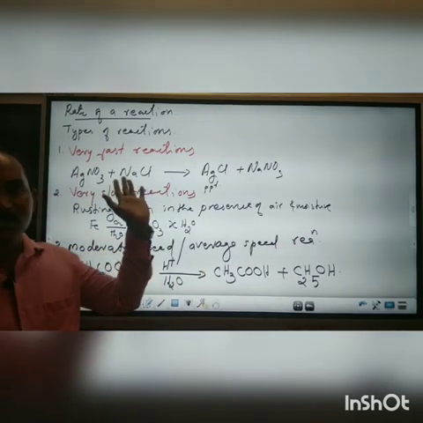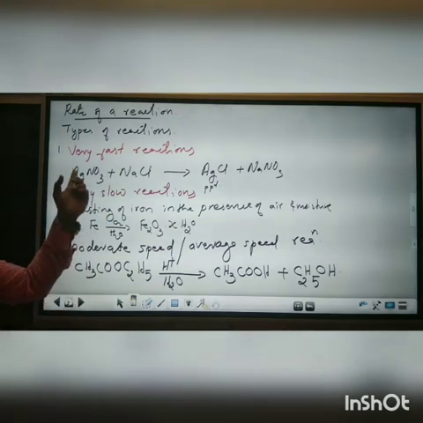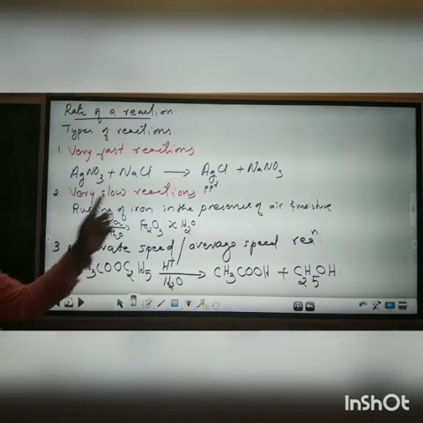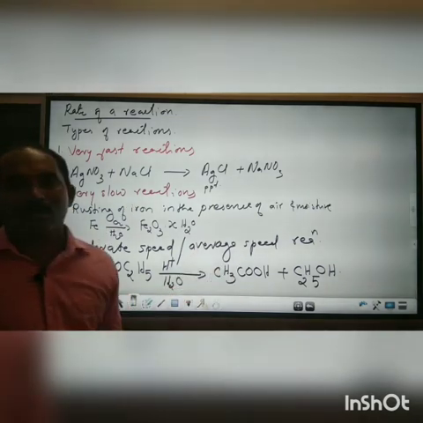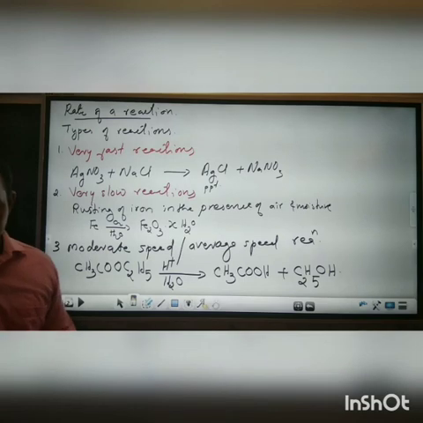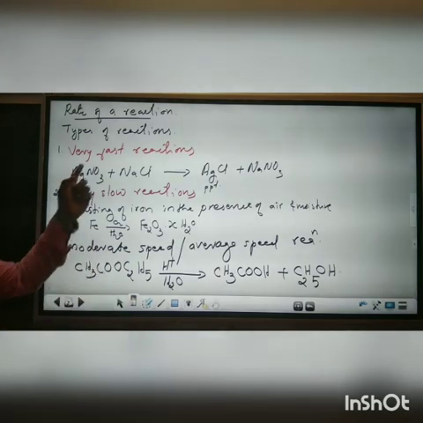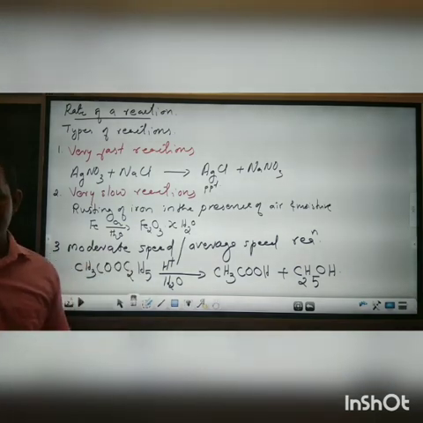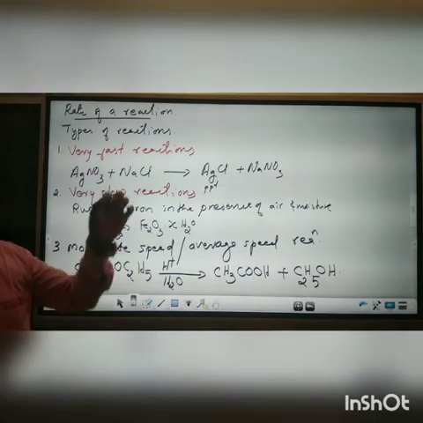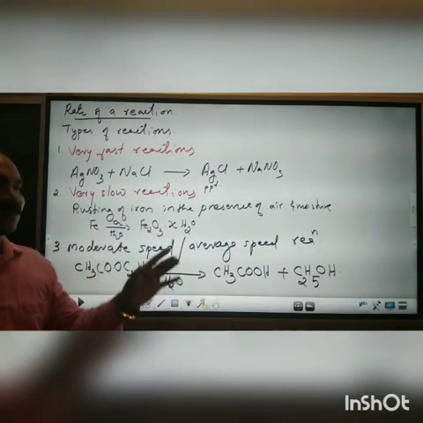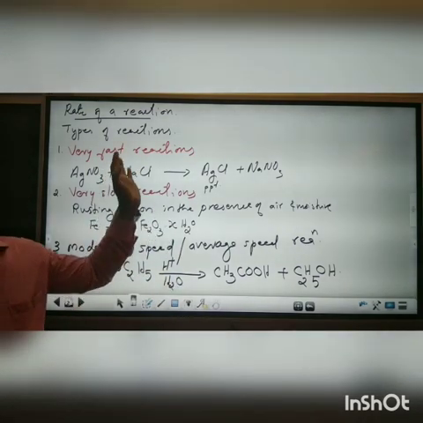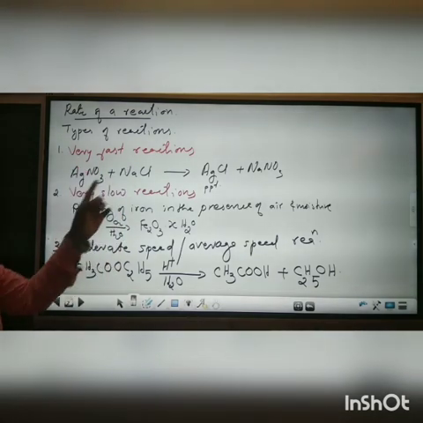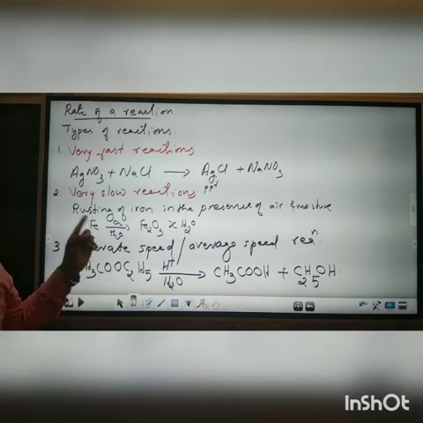So the classification is clear. Reactions are of three types: very fast reactions, very slow reactions, and moderate or average speed reactions. Determining the rate of very fast and very slow reactions is difficult. For a very fast reaction, the reaction is completed at that instant, so calculating the change in concentration is difficult.